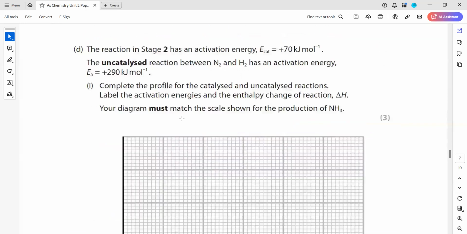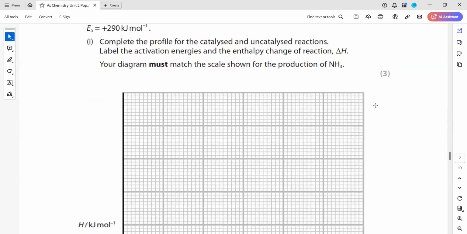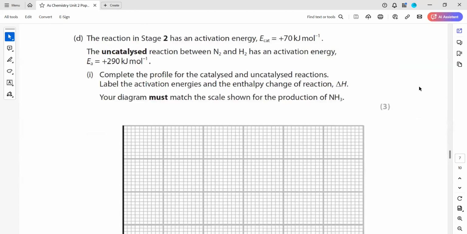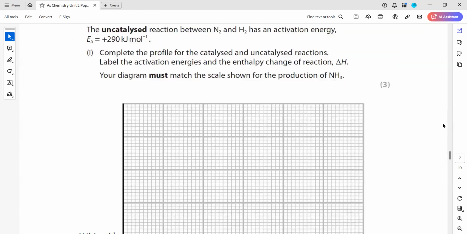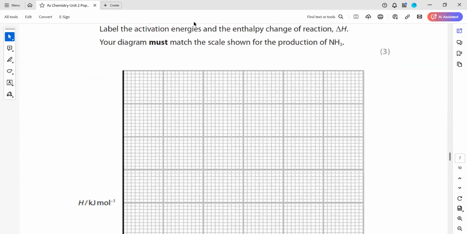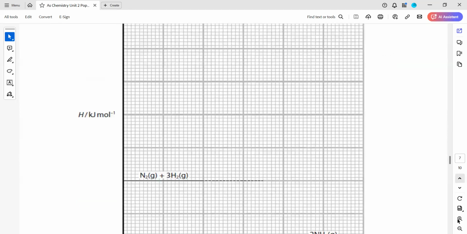The reaction in stage 2 has an activation energy of 70 kilojoule per mole. The uncatalyzed reaction between nitrogen and hydrogen has an activation energy of 290. Complete the energy profile diagram. Label the activation energy and enthalpy change, and you must match the scale as shown.